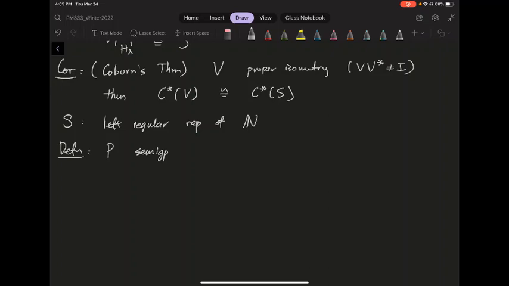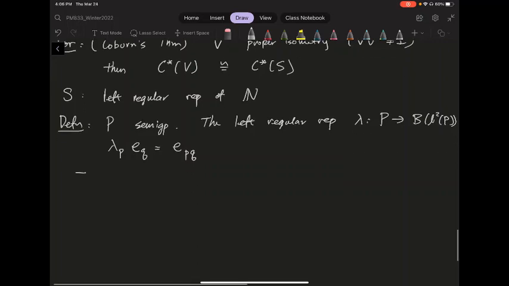The reduced C-star algebra is essentially generated by the left regular representation. The left regular representation is basically lambda from P to B of L2 of P, where lambda_p of e_q, with e_q an orthonormal basis, is given by this left shift, e_{pq}.